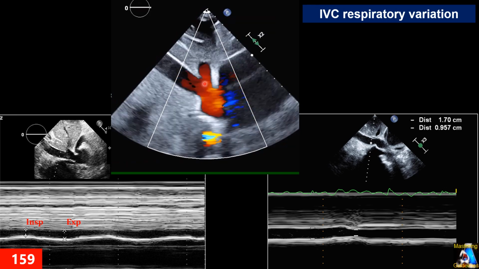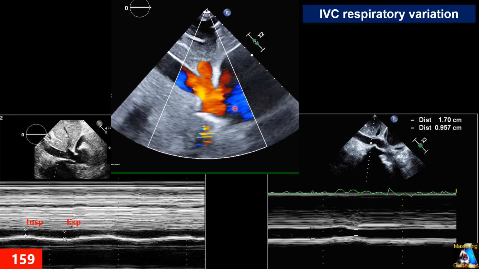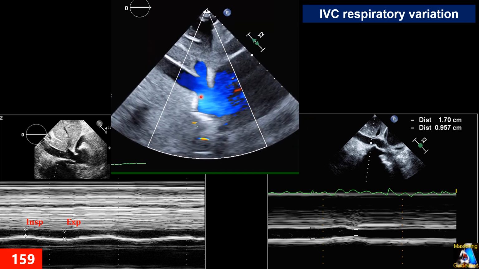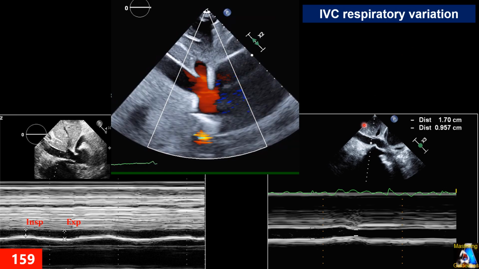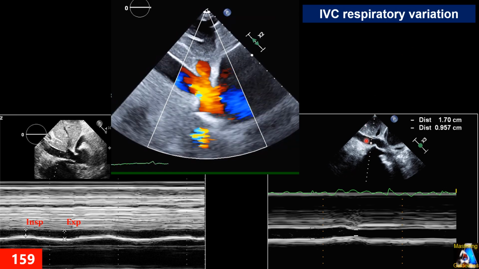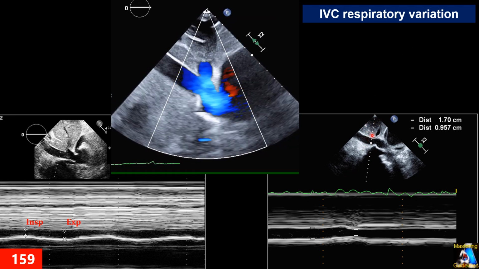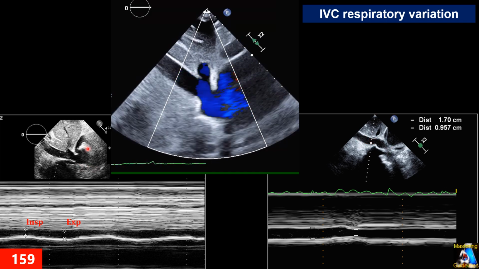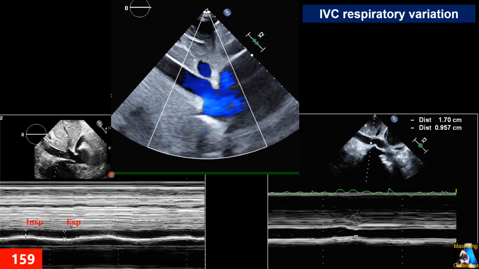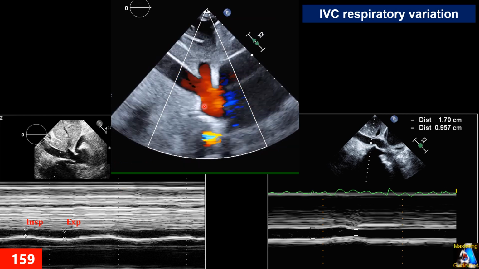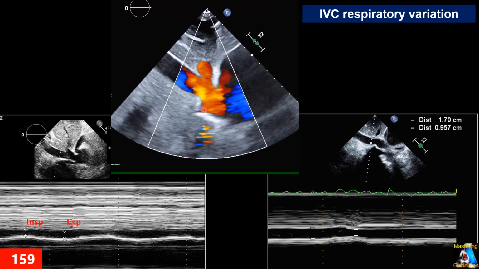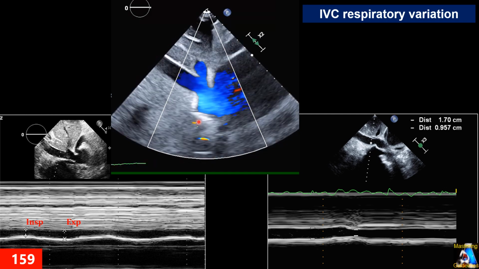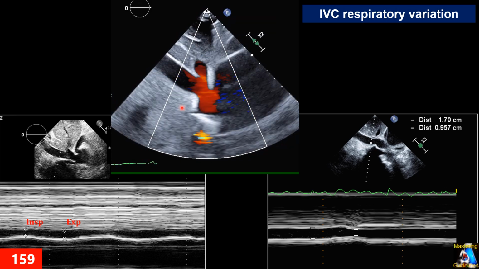The best technique for respiratory variation of the IVC is a sniff test on M mode. For that purpose, we get a good image, then we put the cursor perpendicular at the spot that we are supposed to measure, 3 to 5 centimeters from the orifice. Then when we have a good image, we ask the patient to breathe in very fast, one time through the nose, or sniff one time.